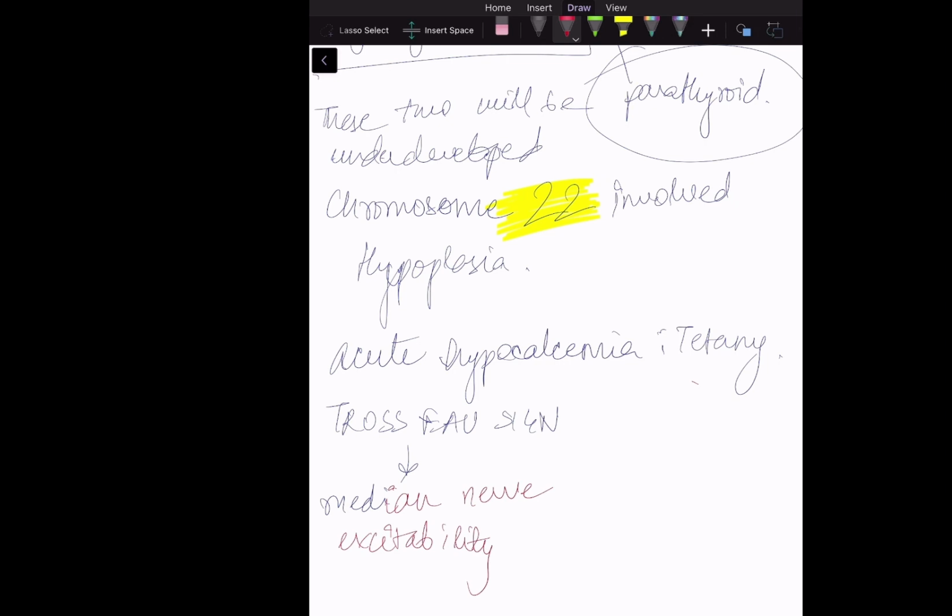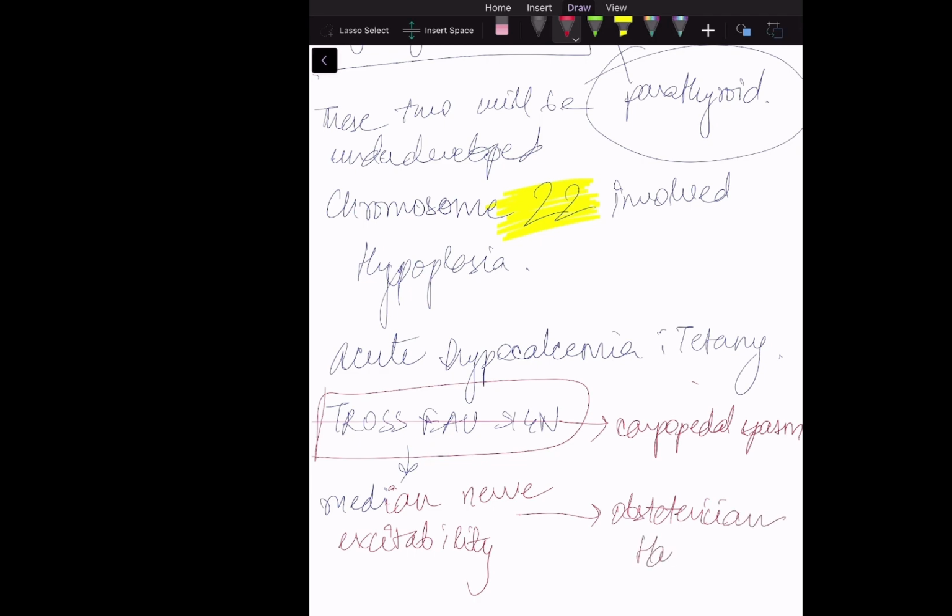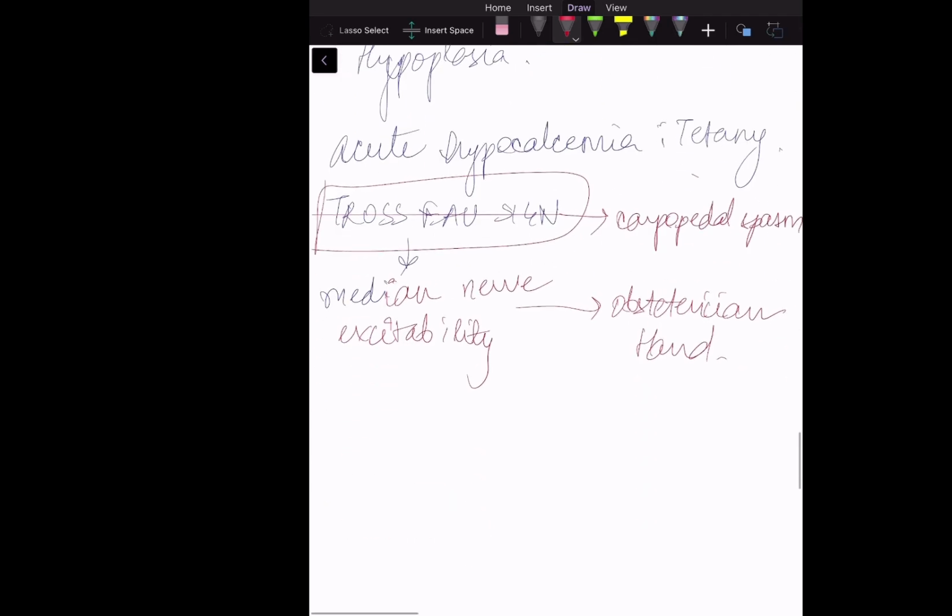What will happen in this? Carpopedal spasm, the obstetrician's hand. That is Trousseau's sign. What is Trousseau's sign? It is median nerve excitability.